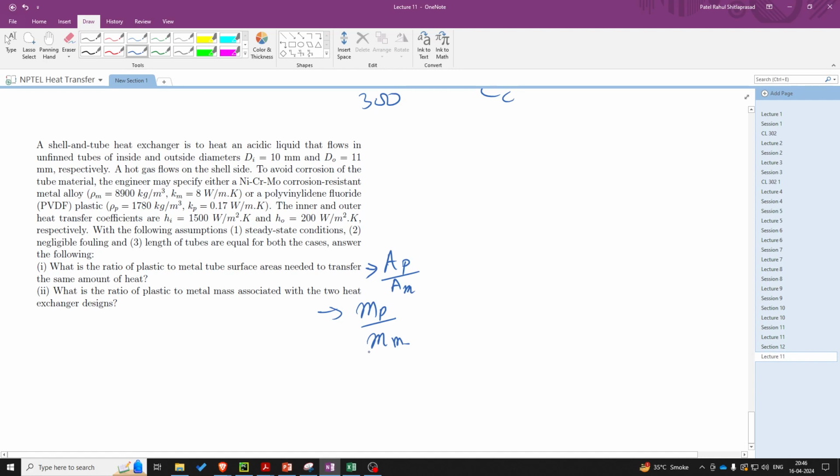Now, we can calculate the overall heat transfer area by using the overall heat transfer coefficient.